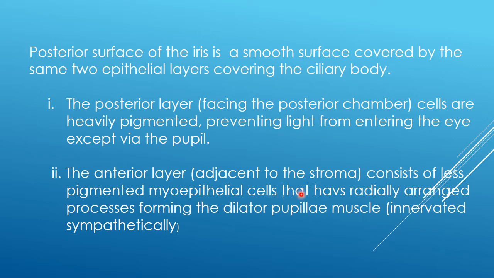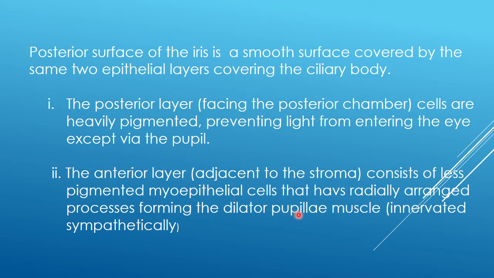They have radially arranged processes which form the dilator pupillae muscles. I have told you that the dilator pupillae muscles are actually extensions from the myoepithelial cells, with radially arranged processes making up the dilator pupillae muscle.